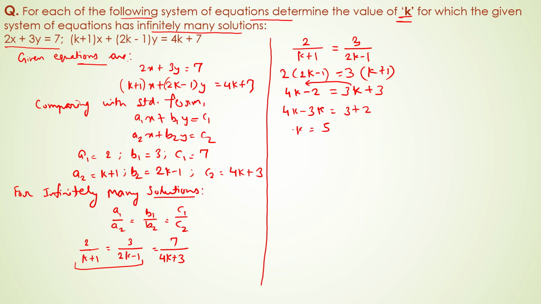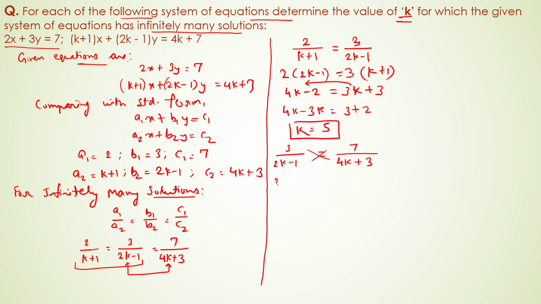That means the value of k obtained is 5. In the second scenario, let us take b1 by b2 equals c1 by c2. So we get 3 upon 2k minus 1 equals 7 upon 4k plus 3.